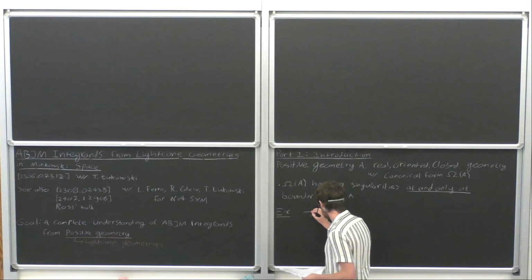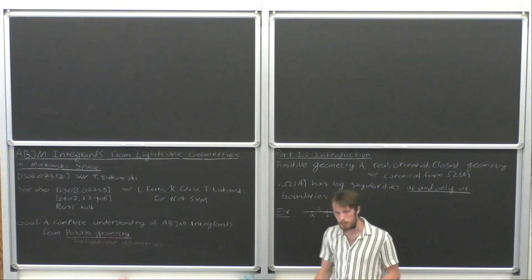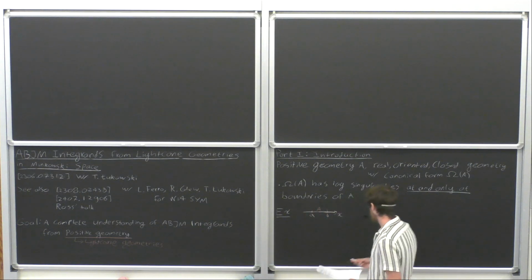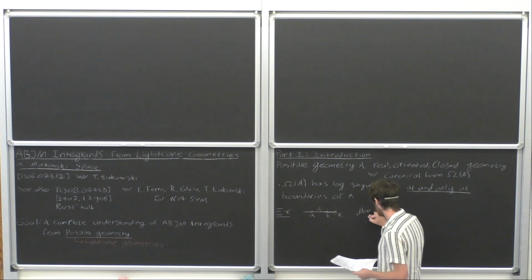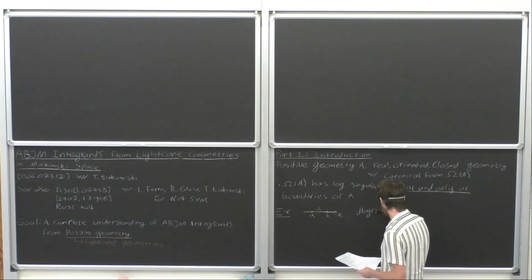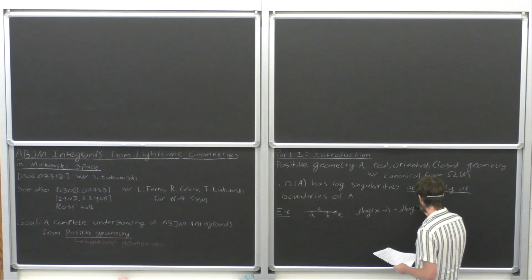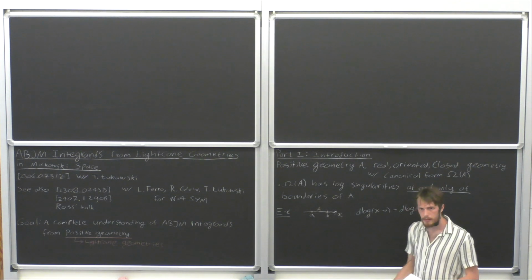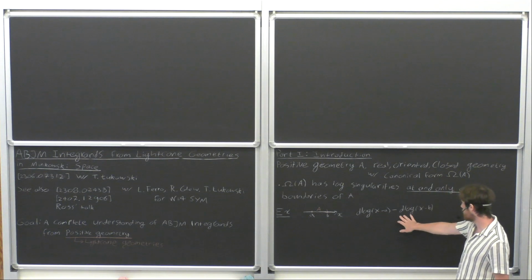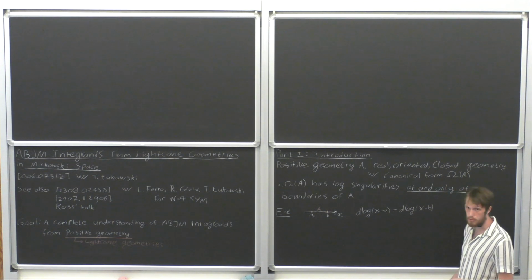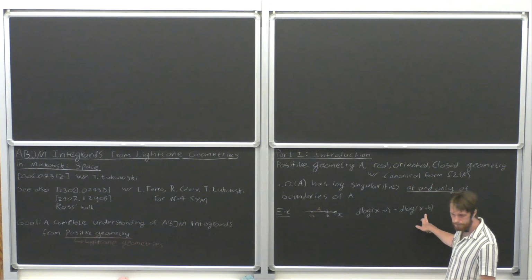So this line segment is our positive geometry A. The canonical form of this positive geometry is given by d log (x minus a) minus d log (x minus b). So it is clear that this differential form indeed has logarithmic singularities at the boundaries of A, namely when x is equal to a, which is one boundary, and when x is equal to b.